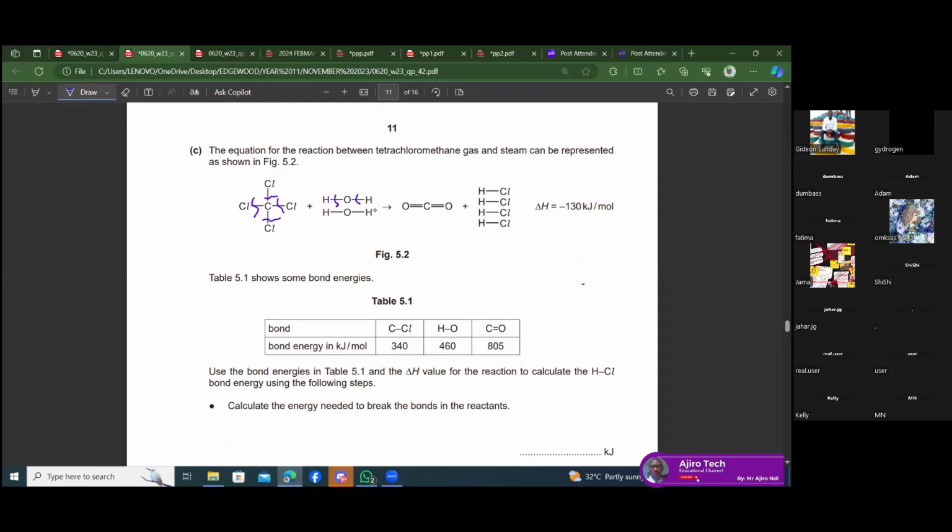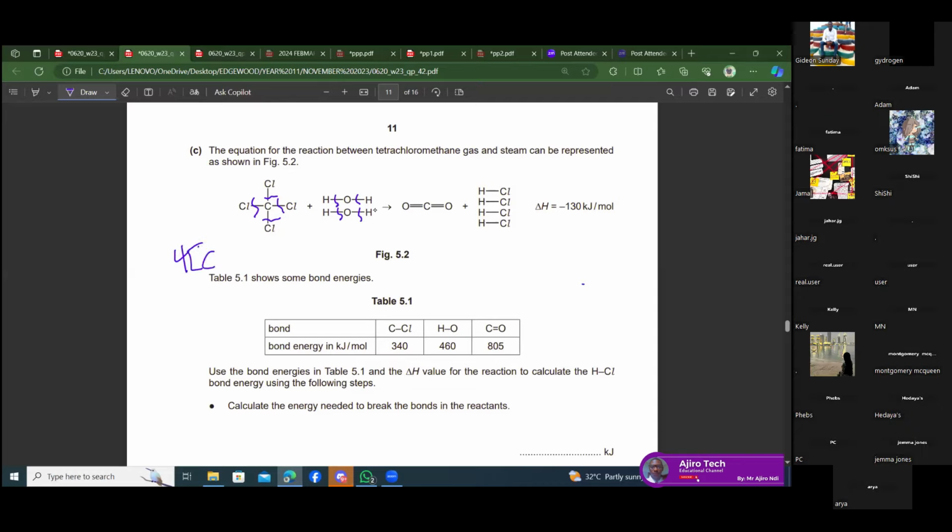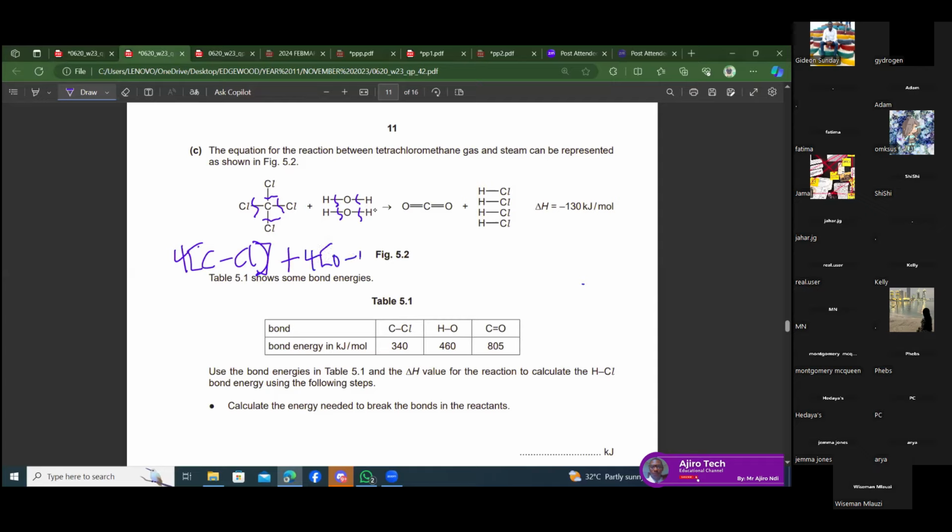It's going to be breaking right here, and right here. So we are now left to calculate how many of them have been broken. So how many CCl bonds were broken? 4 of them. So 4 CCl bonds were broken in the reactant part, plus how many OH bonds were broken? 1, 2, 3, 4. 4 OH bonds were broken.